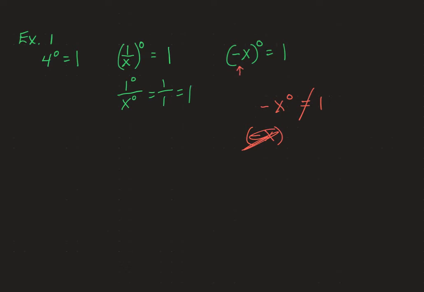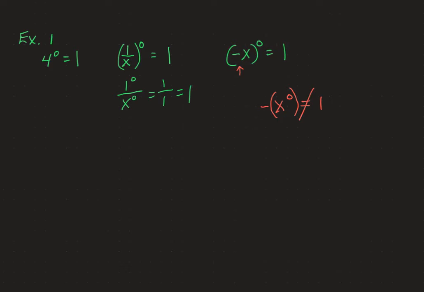Here the negative is inside the parentheses, so the negative is part of the number that is raised to the 0th power. But written the way I wrote it in red, actually it's only the x that is raised to the 0th power.